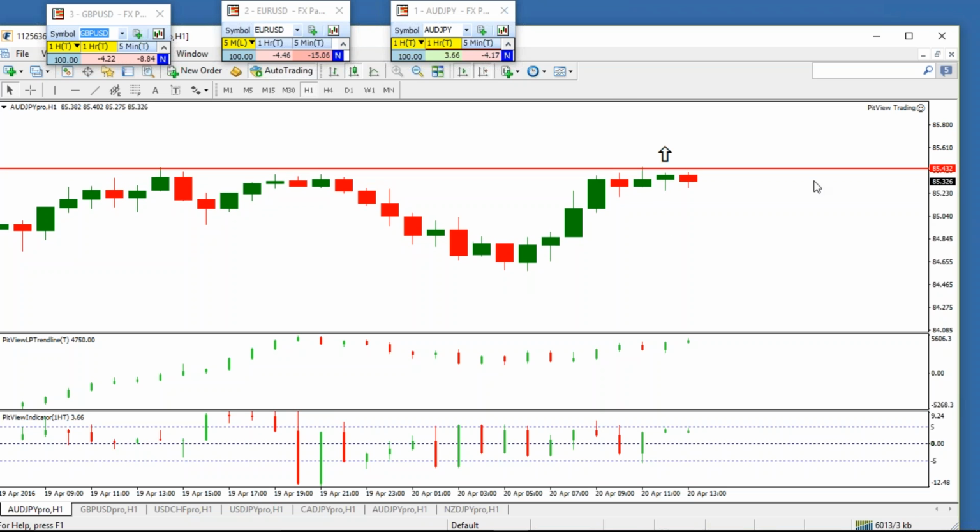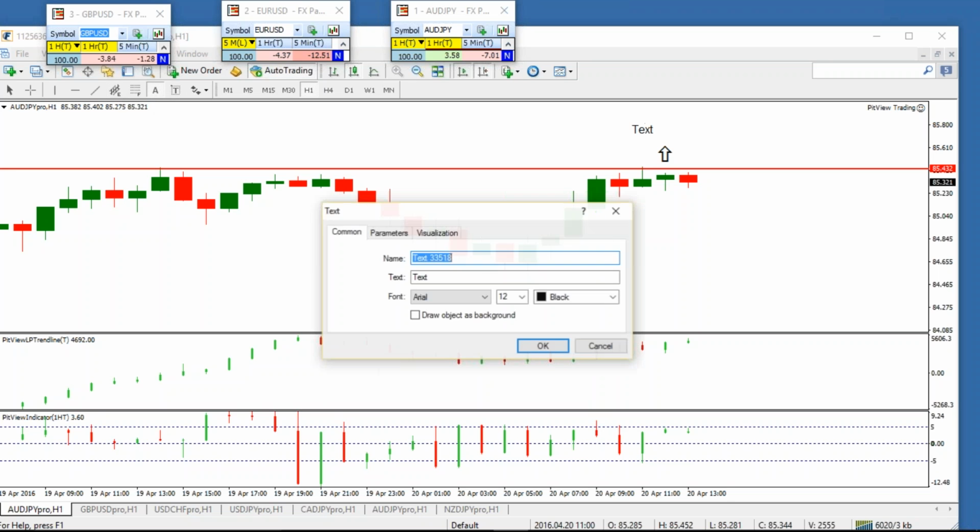But I still like this one to the upside, especially the fact that it made that resistance level. It's pushing off of it right now. Much like dollar Swiss that we were looking at earlier, I think it has the potential to make some further strides, with small amounts of risk put up in the market. So for a buy entry, I'm going to look for a close above this resistance level.